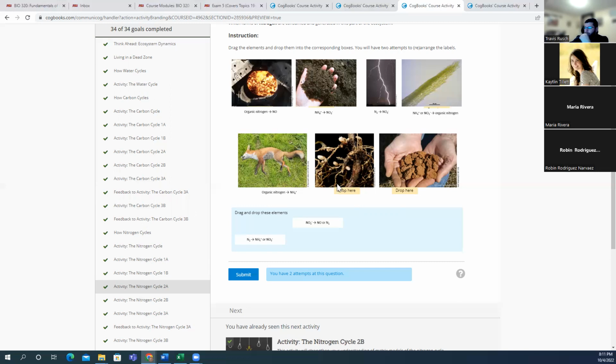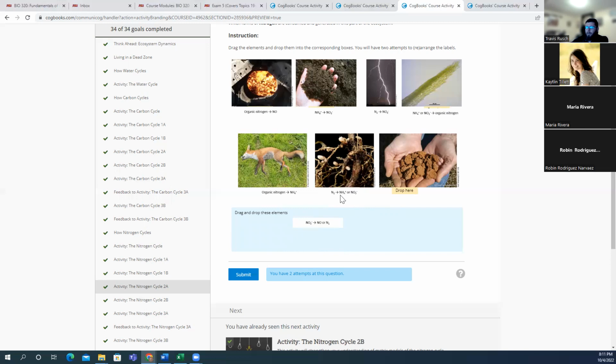What does the interaction do with nitrogen? Yeah, exactly. This is where nitrogen gets fixed. So you have nitrogen gas getting converted into ammonia or nitrates, and it gets fixated in with the plant.